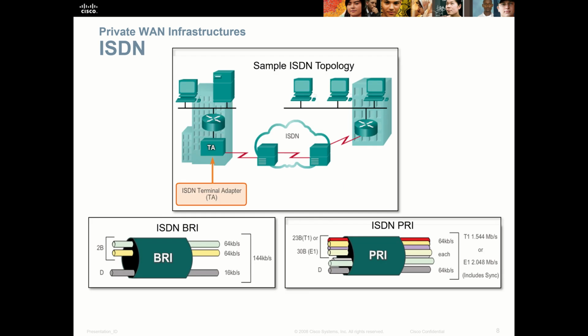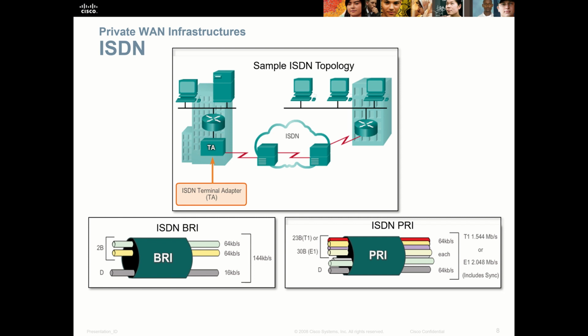Next, I will explain about ISDN. ISDN is also a very old technology, but it is mainly used for circuit switching. Now, because we have broadband internet connections, this kind of technology does not really appeal to customers nowadays, because it can no longer compete.